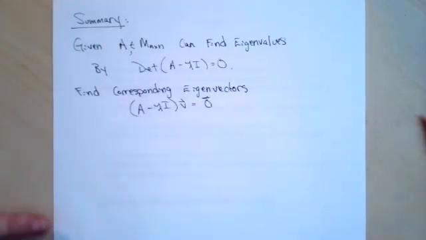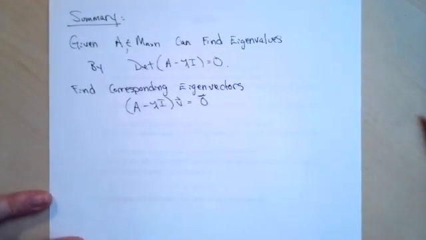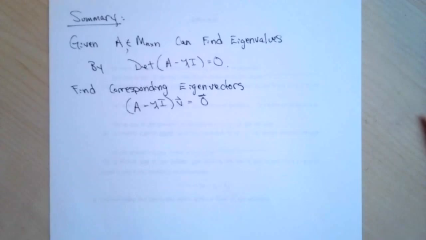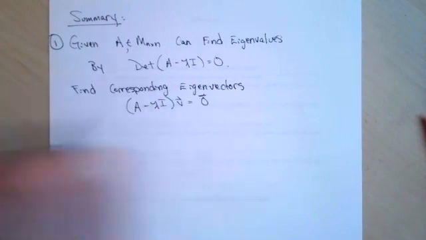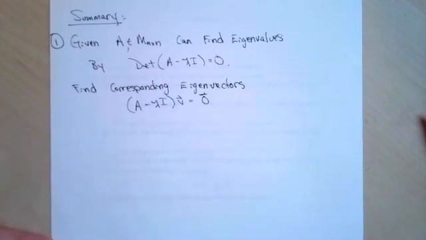And then, of course, we can solve for the components up to at least one free parameter, to find the corresponding vectors of that eigenvalue. So this was method 1. Sometimes method 1 is hard.